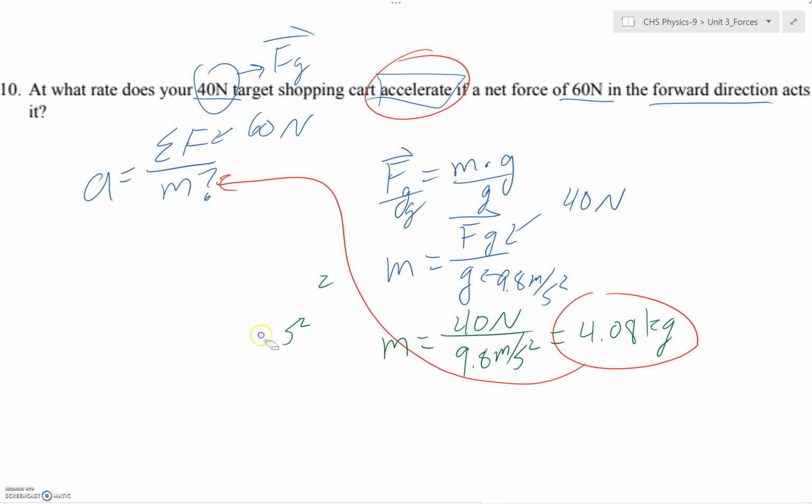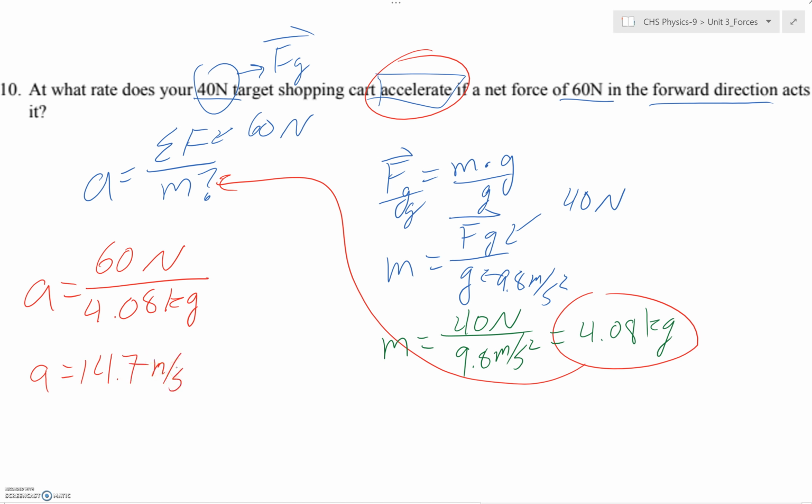Acceleration equals my 60 newtons, which was my net force, divided by my mass, which was 4.08 kilograms. 60 divided by 4.08 is 14.7.